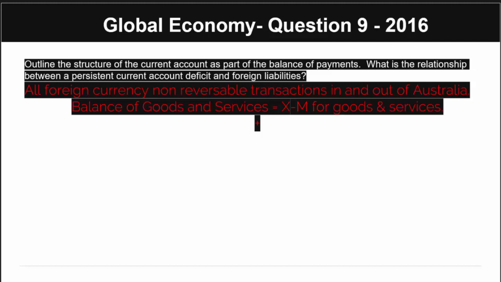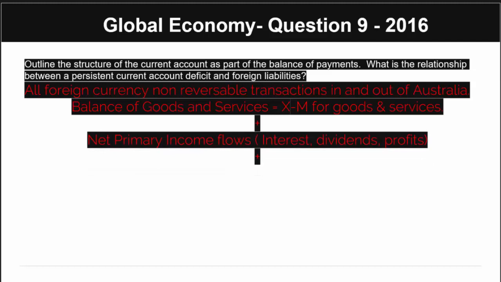So what is the composition of the current account? Well, we've got the balance of goods and services, so that's for the level of merchandise exports and imports for both goods and services. And to that we add the net primary income flows, and that consists mainly of interest, dividends and profits.